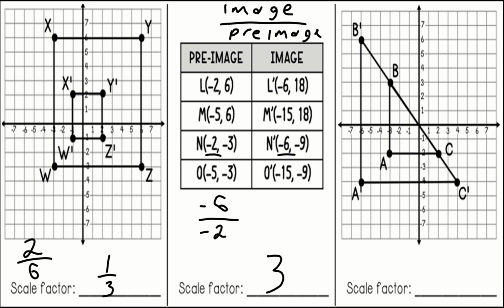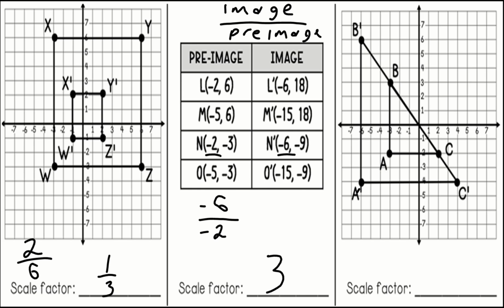Scale factor is always going to be positive. Whether it's a fraction, whole number, or something else, it's going to be positive for the scale factor. The ordered pairs might have negative numbers when we get those, but the scale factor will be positive. So same idea here. My primes are the bigger one, so it's getting bigger.